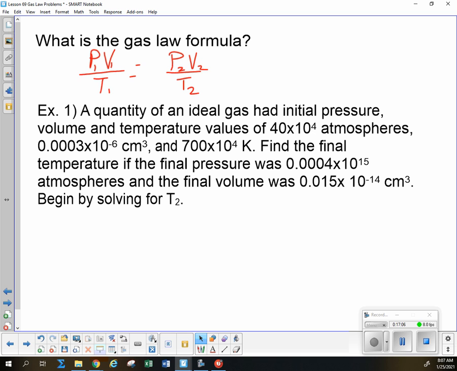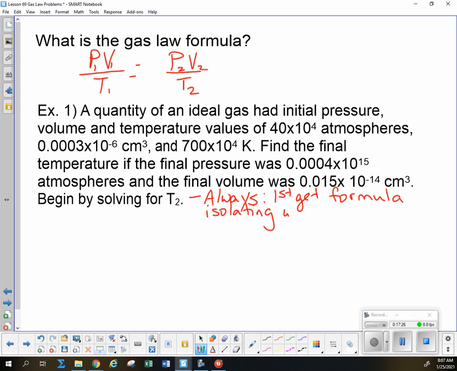So a lot to read through there. Always, I want you to first write a formula isolating what you try to find. So in this case, they're going to ask us to find the second temperature.